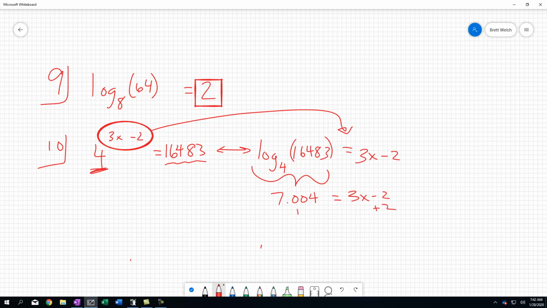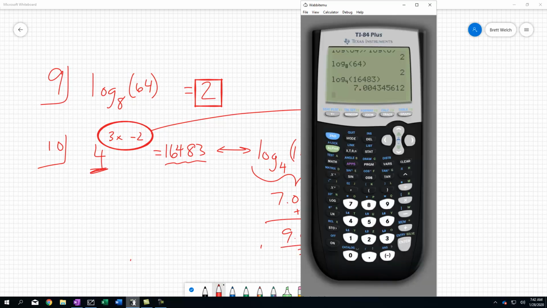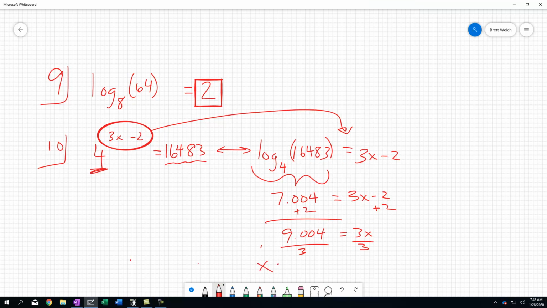To solve, we just add 2. 9.004 equals 3x. We divide by 3, and our calculator gives us the number. We add 2 and divide by 3. Gives us 3.001. We'll call that x equals 3.001.